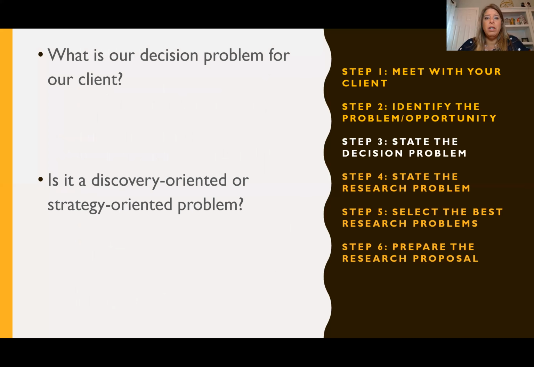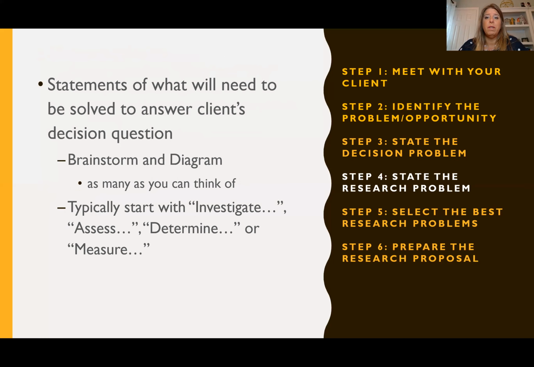So what you really need to know is, what is the decision problem for the client? And you need to know if it's discovery oriented or strategy oriented. Once you know that, you can state your research problem. Your research problem is taking that decision problem, which is why are my sales declining, and turning it into several research problems.